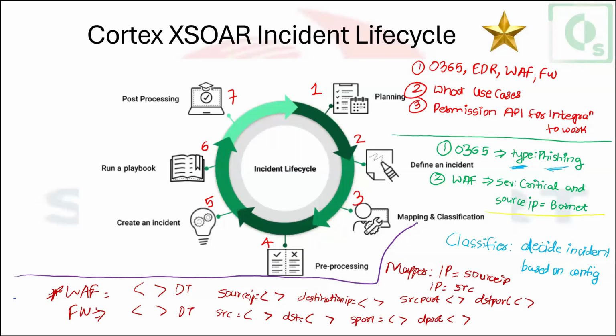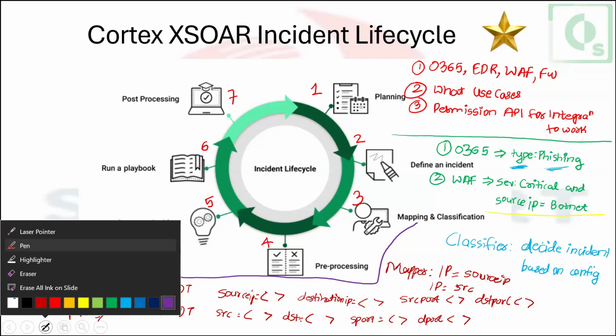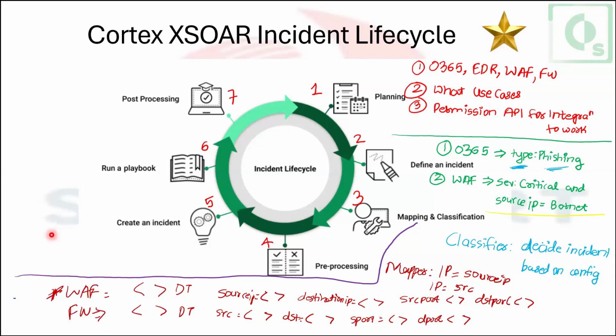Now there are two scenarios. You can't remove the classifier, you can't remove the mapper, because you want to detect and process any malicious or suspicious activity as per the use case, which is logging in from outside India.